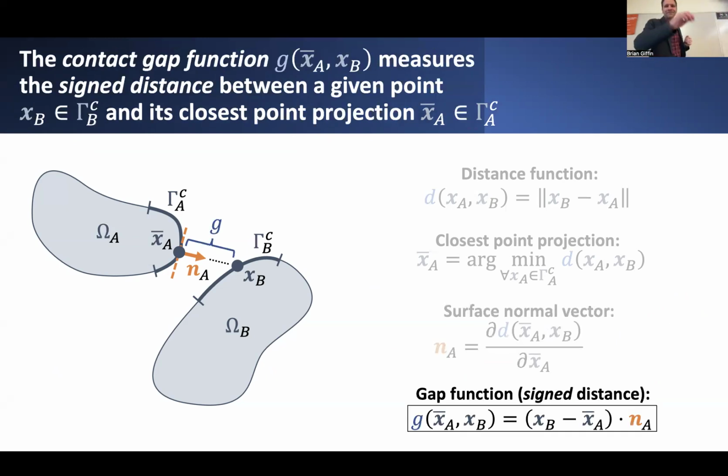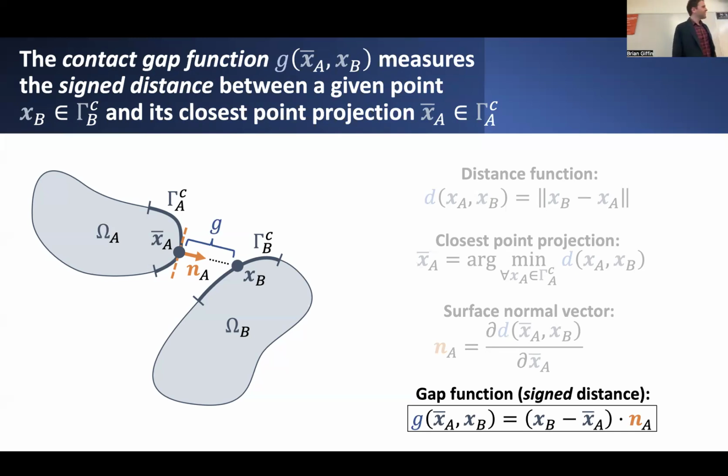And then lastly, we can define a gap function, the thing that actually measures the separation between these two points, but which measures that separation with an additional sign attached to it. And that's essential for determining whether something is penetrating in contact or with an open separation between these two points.